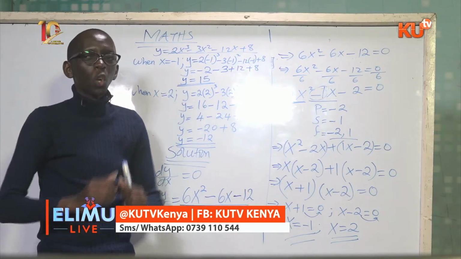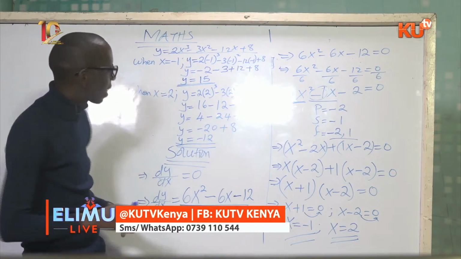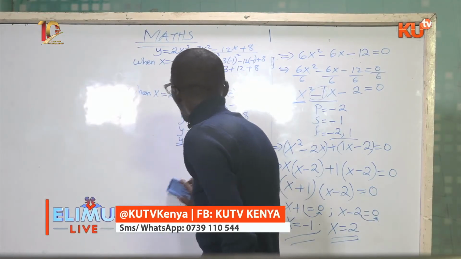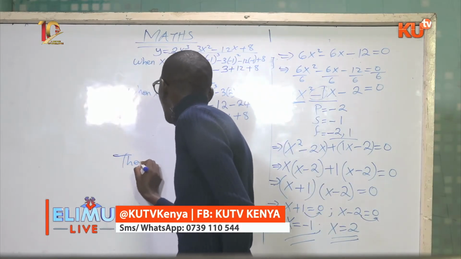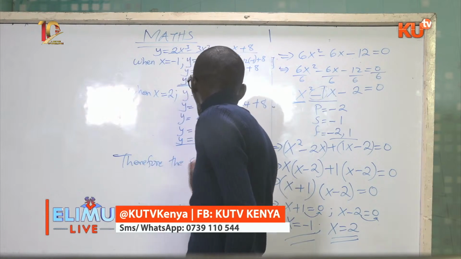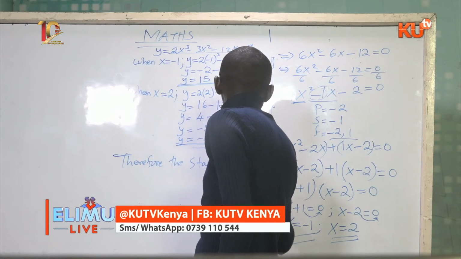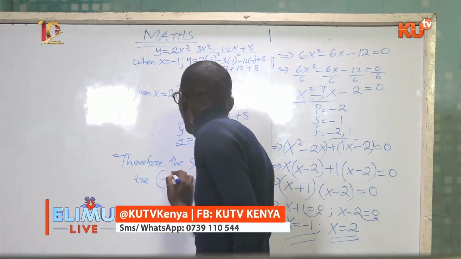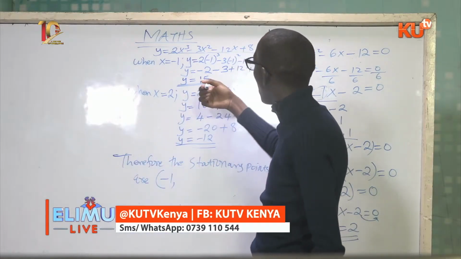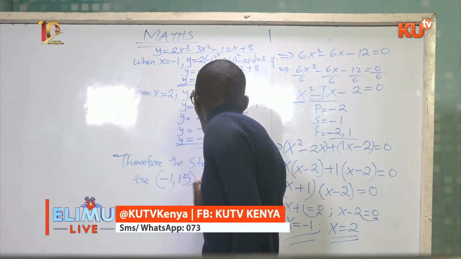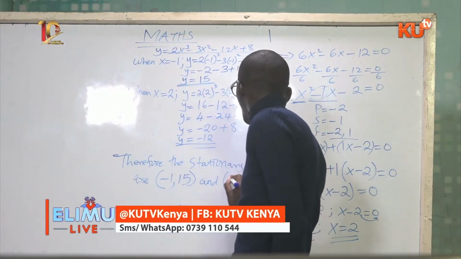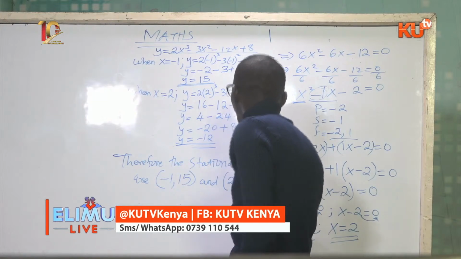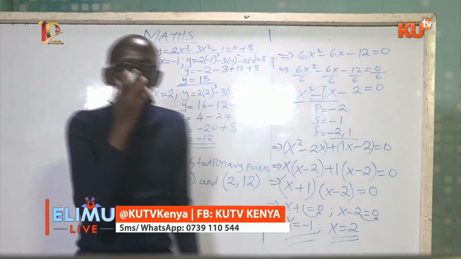Now, to answer the question of the stationary points, you will come and conclude and say, therefore, the stationary points are, you start with the first value of x, negative 1, comma, its value of y, 15, and the next value of x was 2, and the value of y when x is 2, it was negative 12. So those are the stationary points.